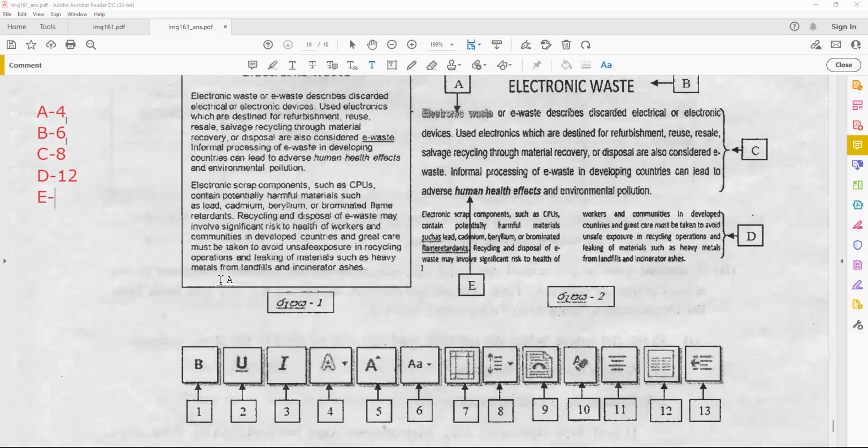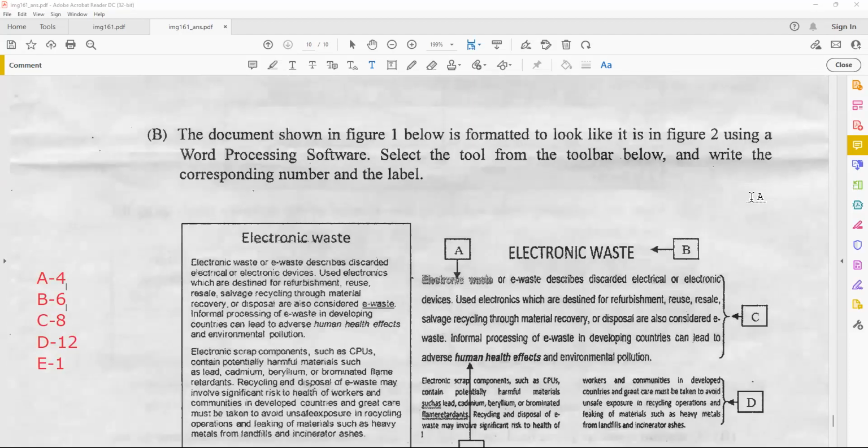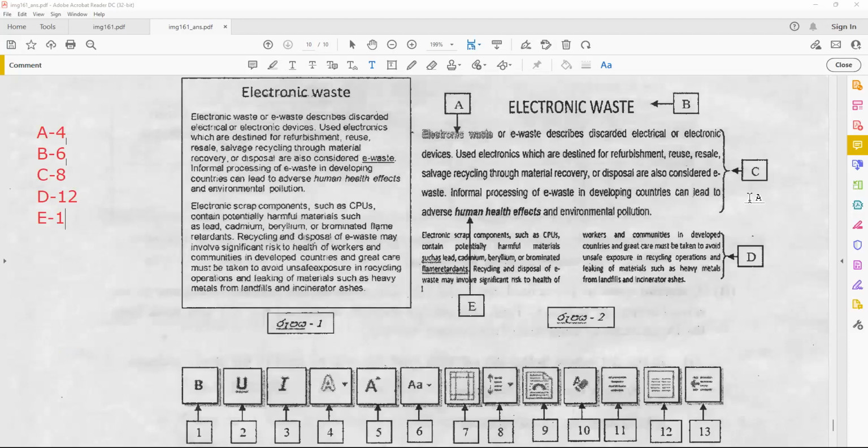That is 1, right? So you just bold it. So that is 1. So we have A4, B6, C8, D12, and E1.